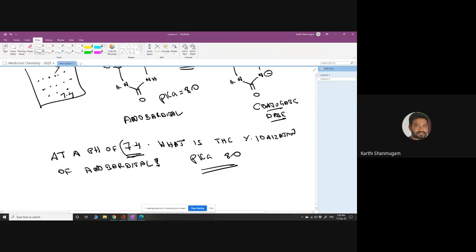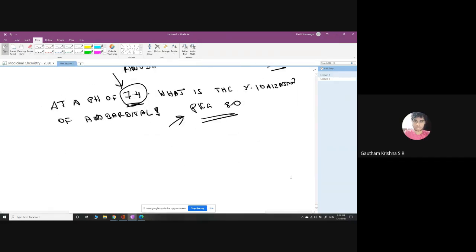The pH of the environment is given and the pKa of the drug molecule is given. Can you now tell how to solve this problem? We can substitute these in the Henderson equation. Can you substitute in the Henderson equation and come up with the answer?